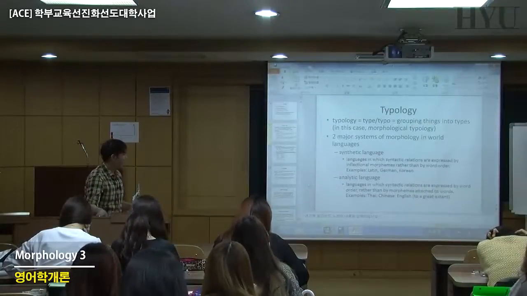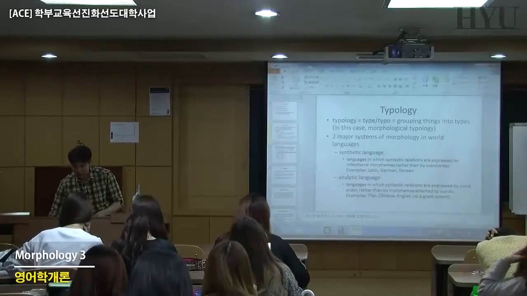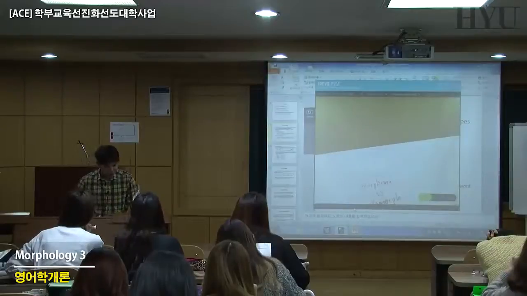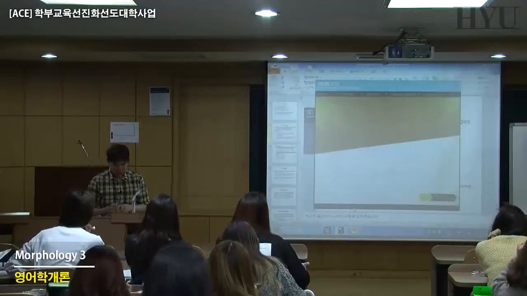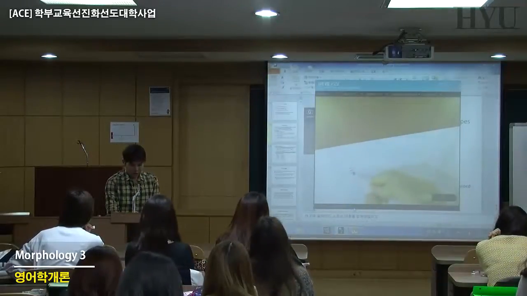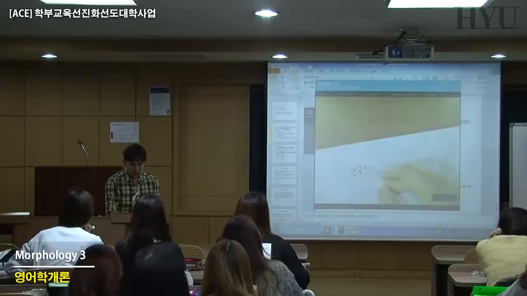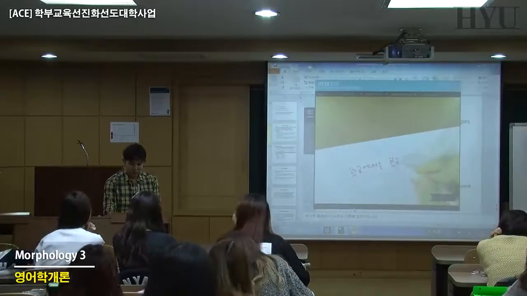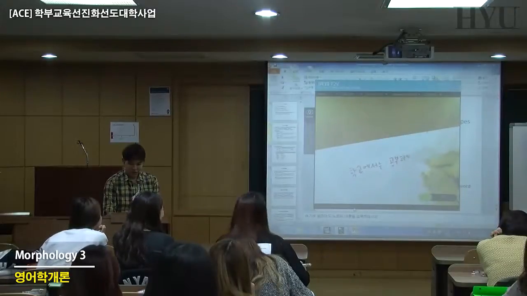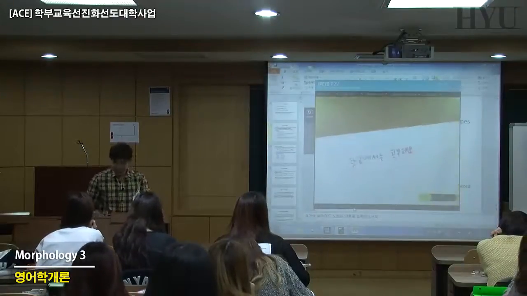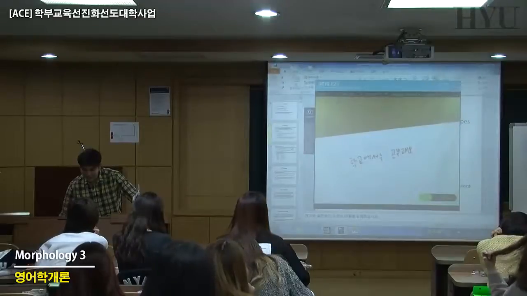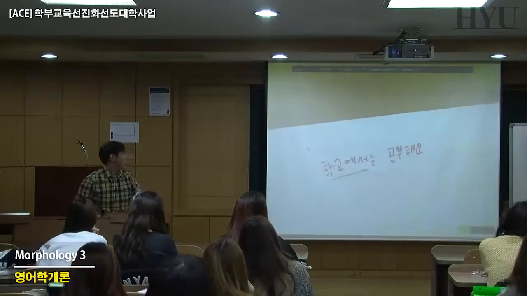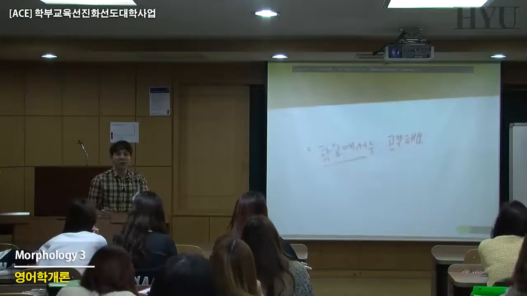So an example is Korean, right? For example, if I may give you this example, 학교에서는 공부해요. Right? So in this case, you see a word. Let me make it big. You have so many morphemes.